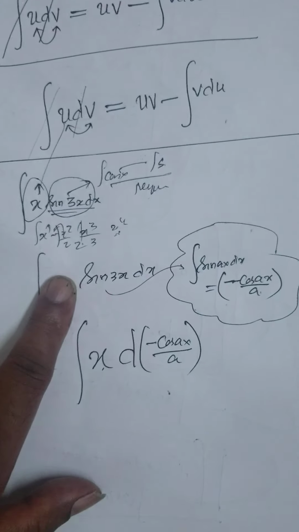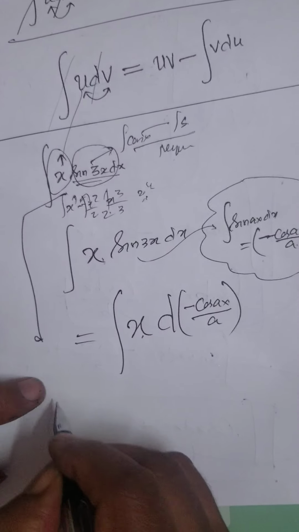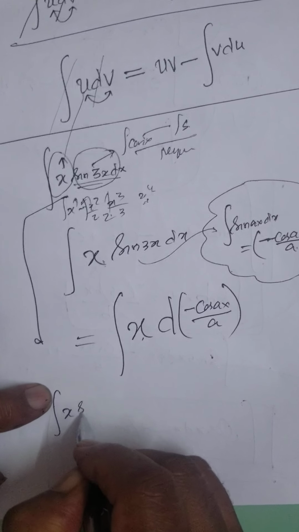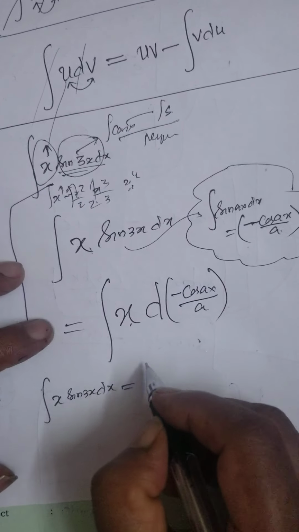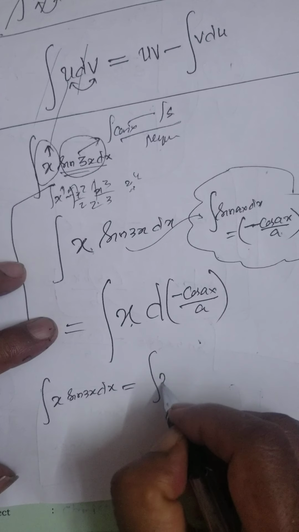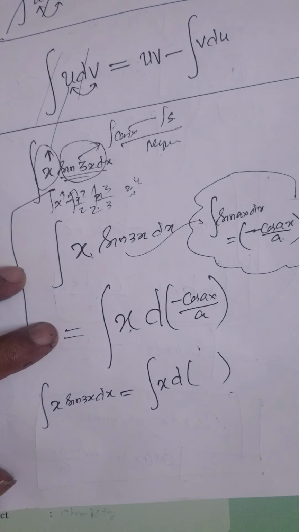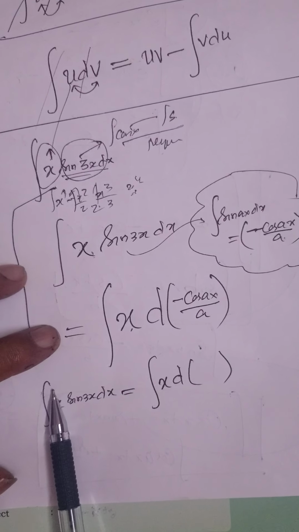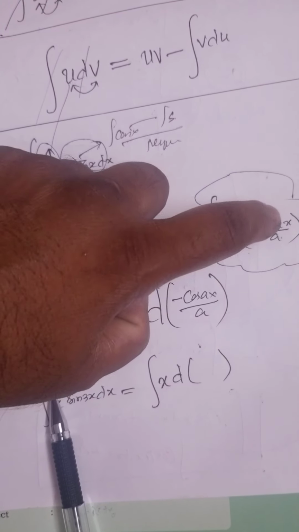Do you understand? Here what I write? Integral of x sine 3x dx. Once again I am doing it. What I will do? Integral, I am writing x, I am putting d, I am closing this x. See, if you close the x, what happens? Integral of sine 3x is minus cos 3x by 3.